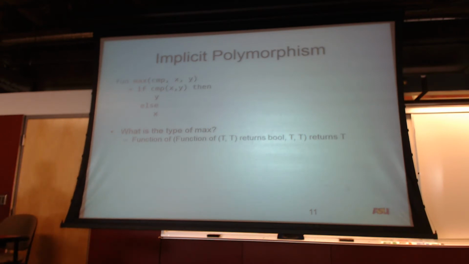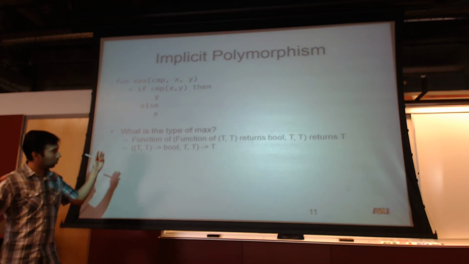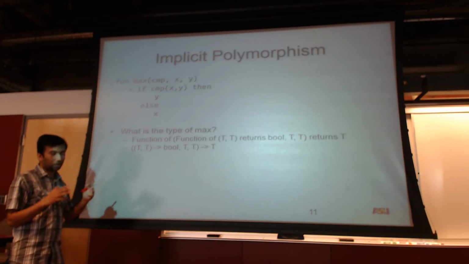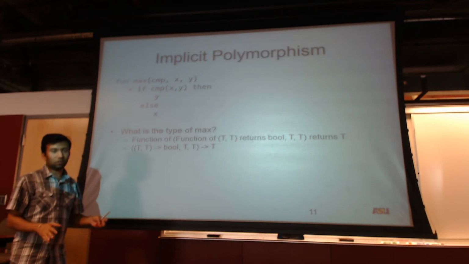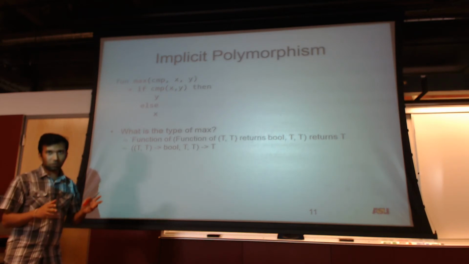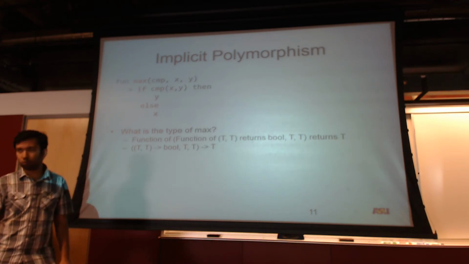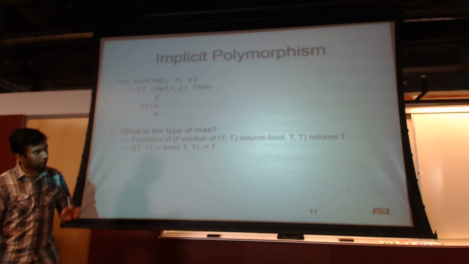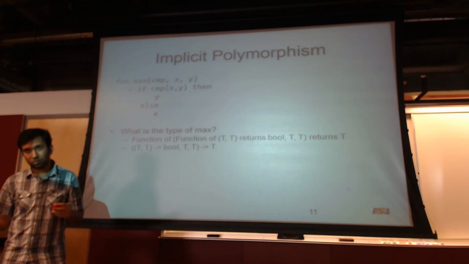Any confusion in this? So how can you write this? We will follow this rule to write the type. Within parentheses, we write the input arguments. The first input argument is the function itself, so we'll have the same format: within parentheses, the input arguments of that function t comma t, then right arrow bool, and then the second and third parameters of the max function, and then right arrow t.